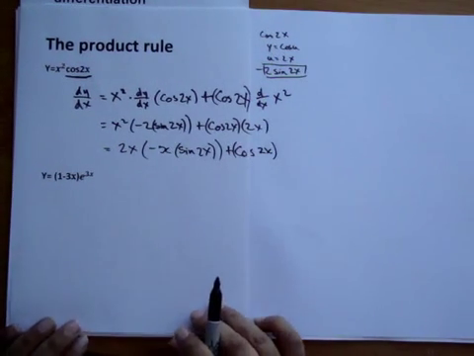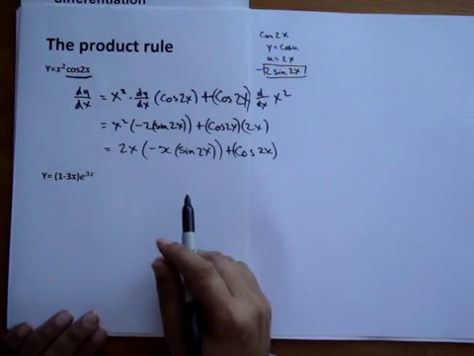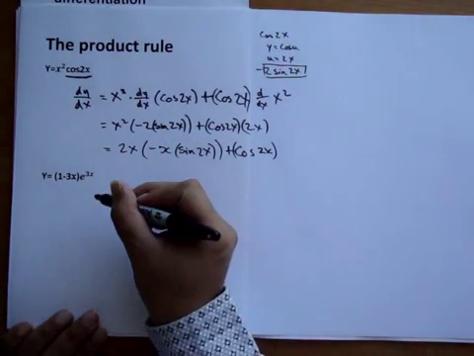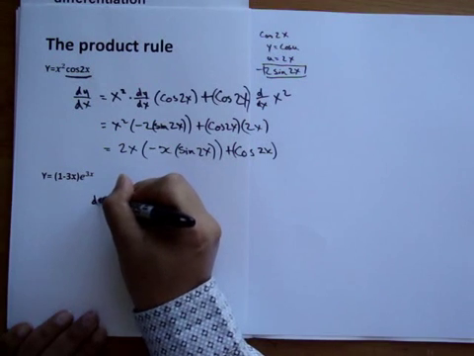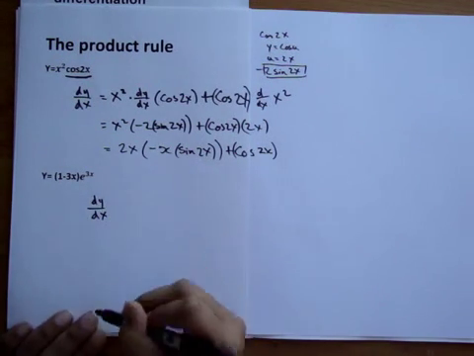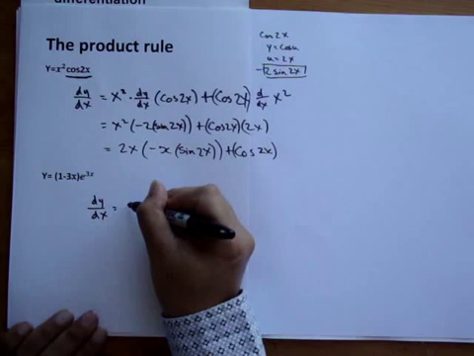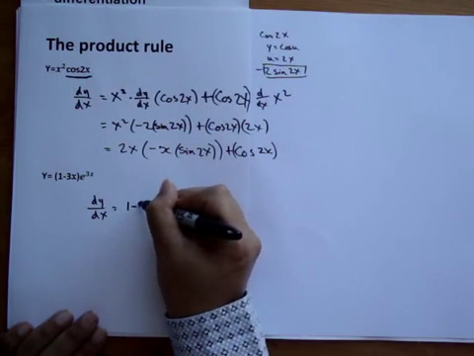On this next one, let's apply the product rule. So dy by dx, first term, leave that alone.